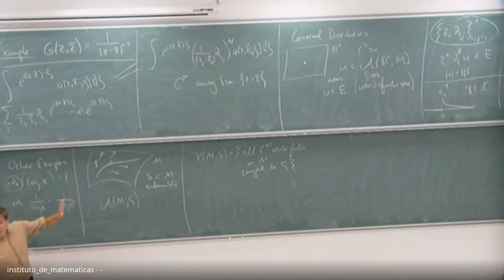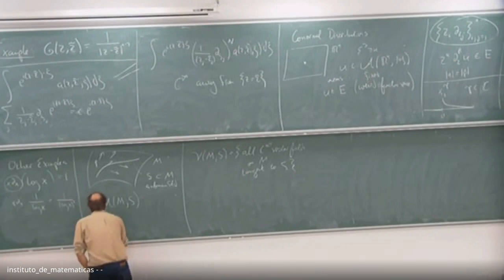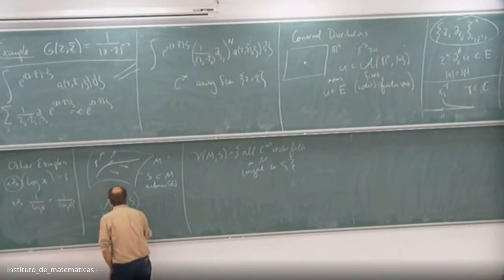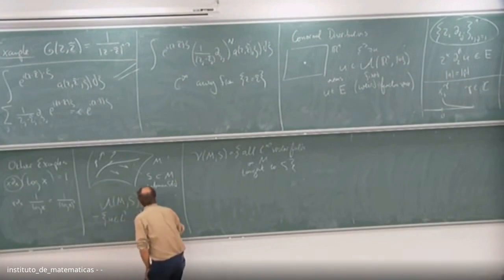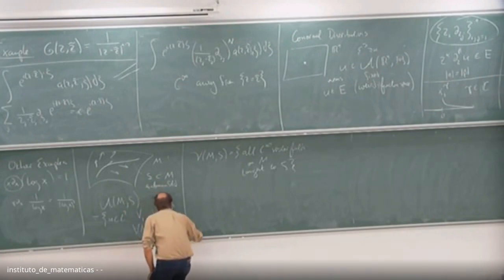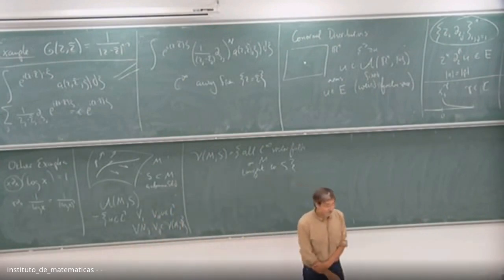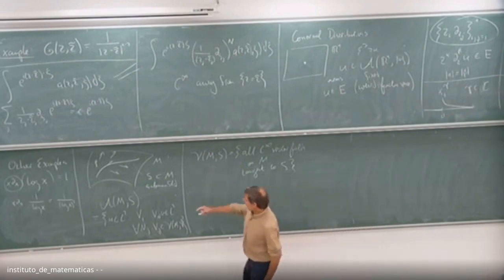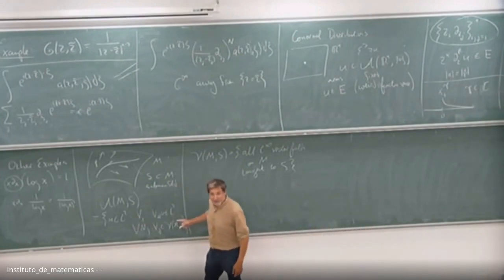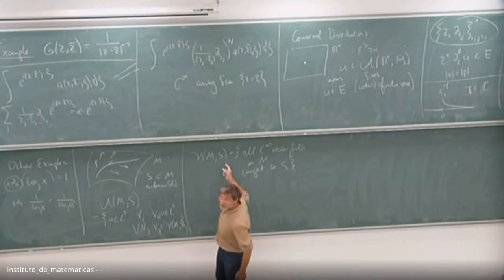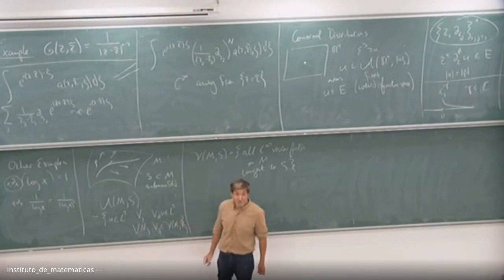This then is equal to the set of u's which are, let's be specific about function spaces, in L2 such that V1 through Vn of u stays in L2 for all n and for all of these Vj's in this script V of M and S. So it says I'm in L2 and I differentiate it as many times as I like, but with respect to these very special vector fields, and I stay in L2.